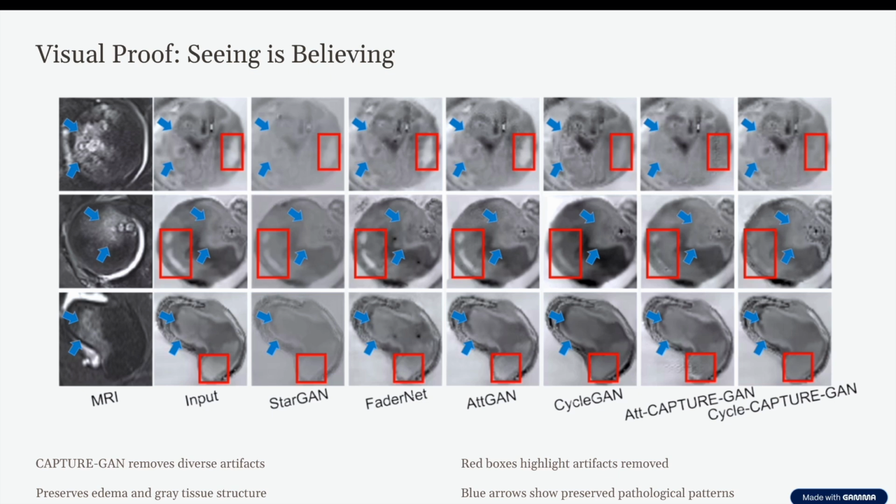Crucially, while removing these artifacts, it does an excellent job of preserving the subtle edema patterns and the overall gray matter structure. When compared to other unsupervised methods shown here, CAPTURE-GAN often demonstrates a superior ability to strike the important balance between artifact clearance and preservation of diagnostic details.